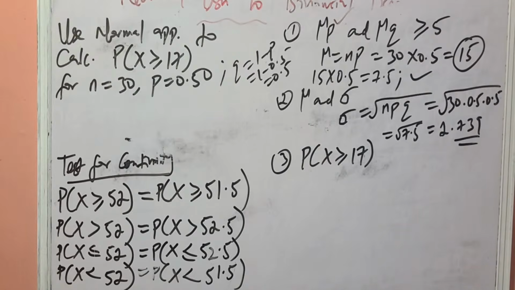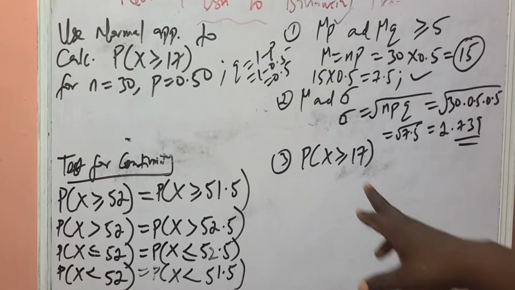Now, I'm not going to work without the correction for continuity in this case, because I already told you the importance of testing for continuity and you already understand that. So let's go on to do the correction for continuity.